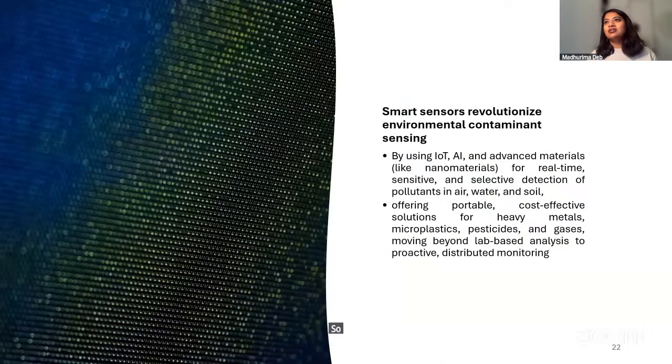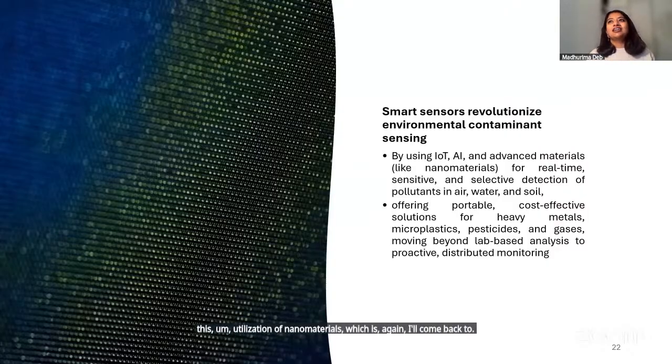So concluding this part, I would say that with the advent of IoT and AI and this utilization of nanomaterials, which I'll come back to, I think this has actually revolutionized the sensing domain, not only for water but also for air pollution and soil pollution.